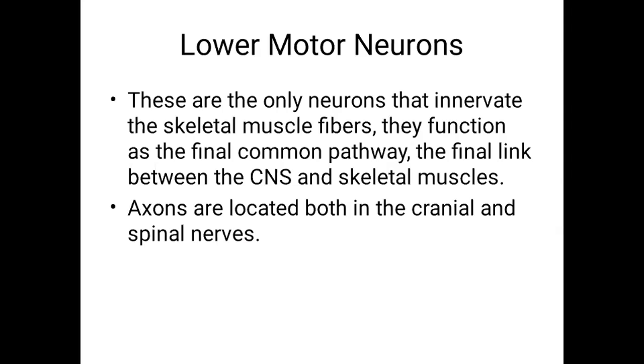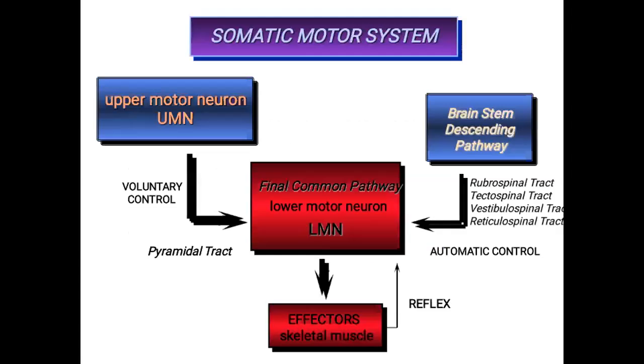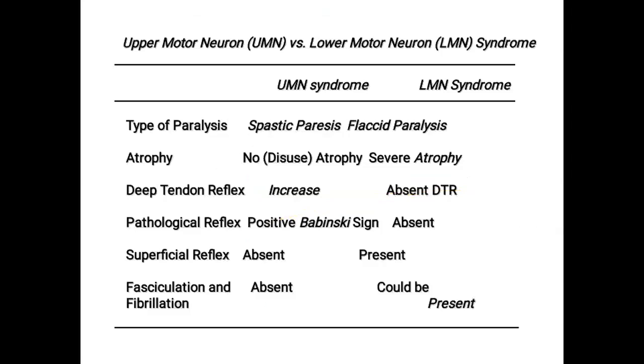So you can see in this diagram there is an upper motor neuron, a lower motor neuron, and a final common pathway. There are two sides: one side is the pyramidal fiber tract, the other side is the extrapyramidal fibers.